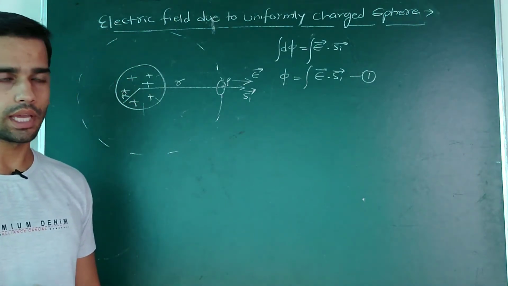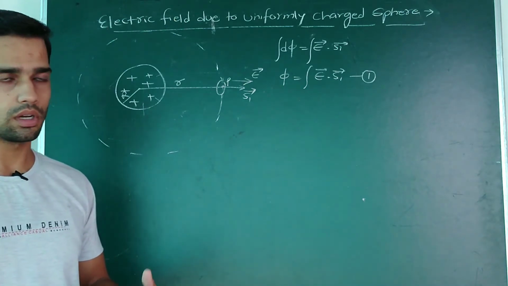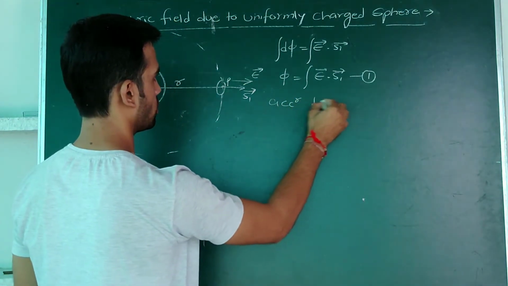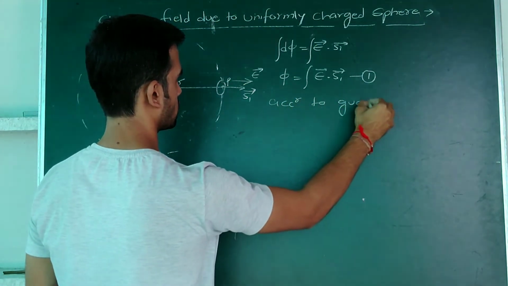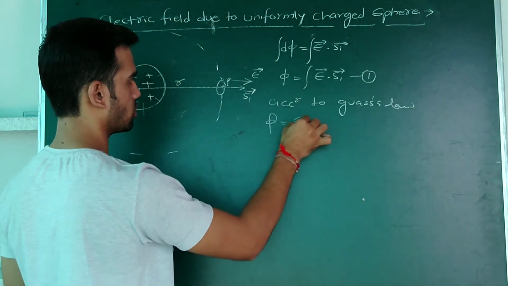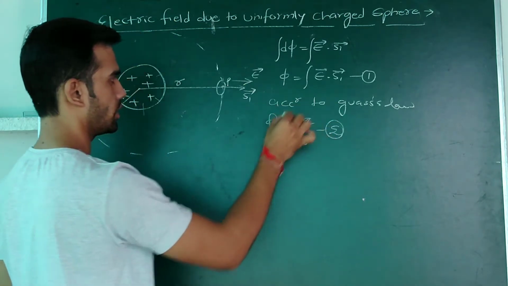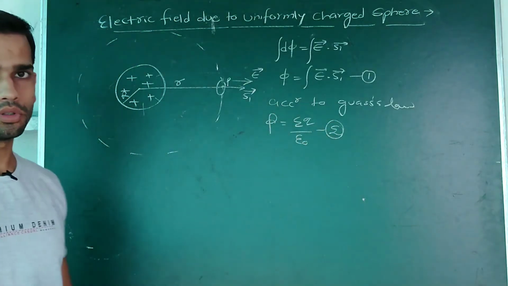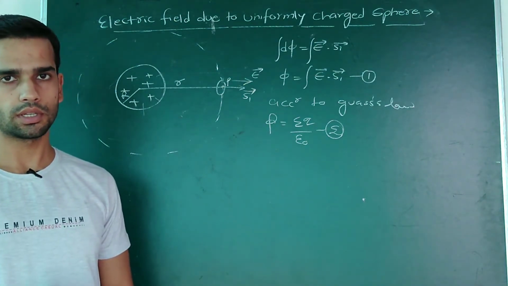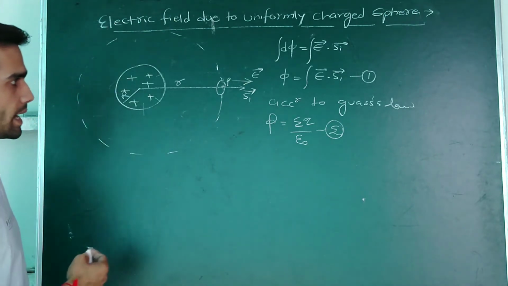Now we are going to calculate this flux again with the help of Gauss law. According to Gauss law, the total flux is equal to total charge divided by epsilon naught. Equation 1 and equation 2 both represent the same physical quantity, the total flux passing through the Gaussian surface, so we can equate equation 1 and 2 to calculate electric field.